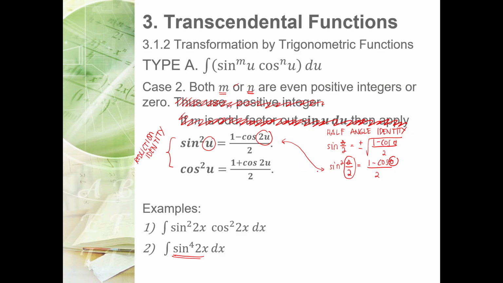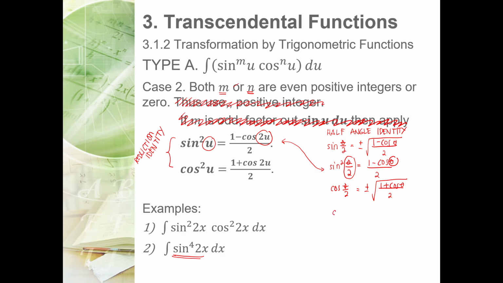Okay. So for cosine, it's still the same. Coming from the cosine half angle, plus minus square root of 1 plus cosine theta all over 2.